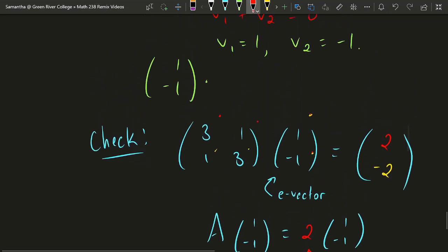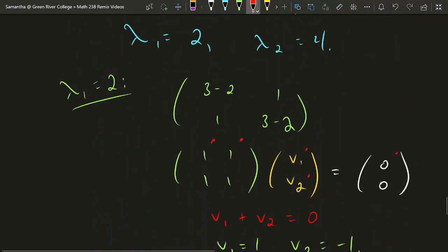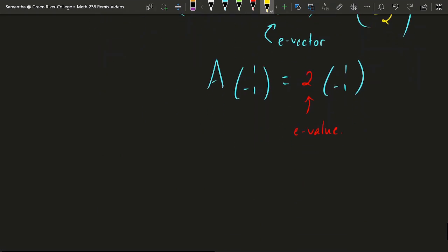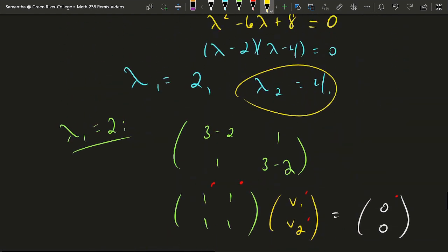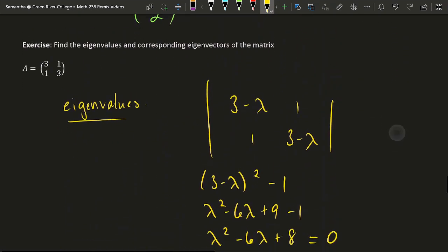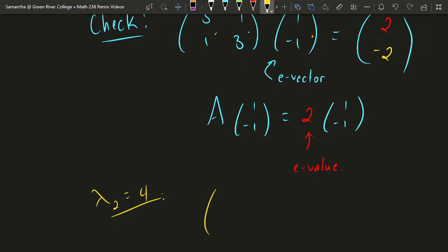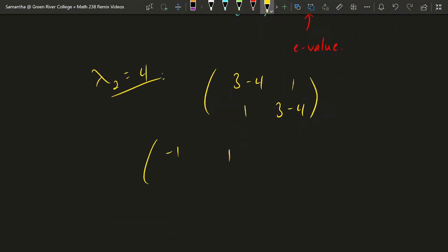Similarly, if I wanted to find the eigenvector corresponding to the other eigenvalue of 4, then I go into the matrix A, and I take 4 away from all the entries on the diagonal. So 3 minus 4, I'm looking at negative 1, 1, 1, negative 1.